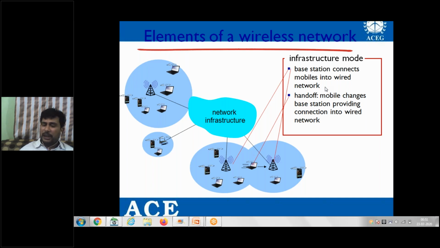At the same time, when you are moving from one zone to the other zone, you are getting signal from another base station which has a higher signal strength compared to the previous. So here you need a shift of control of your mobile from base station 1 to base station 2 when you are moving from one segment to the other segment.